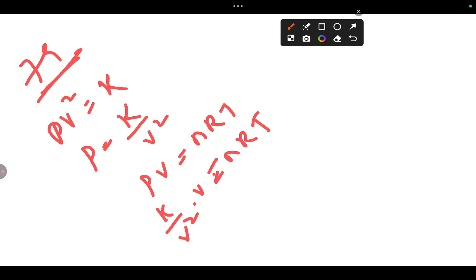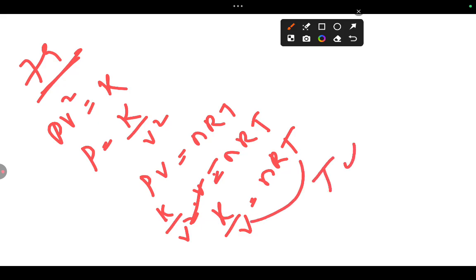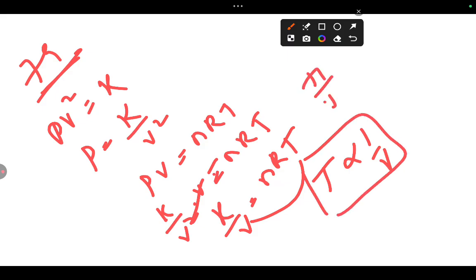So K by V is equal to nRT. Here T is inversely proportional to volume, so T1 by T2 equal to V2 by V1. That's it, there is no calculation. You may get confused by this question.